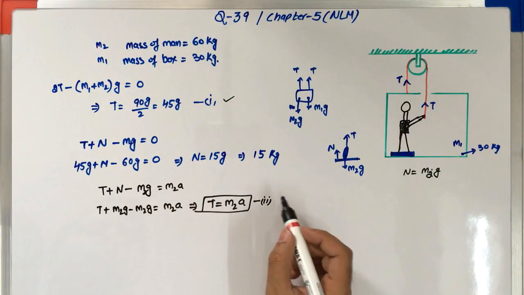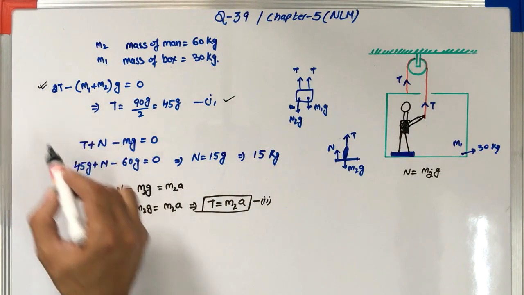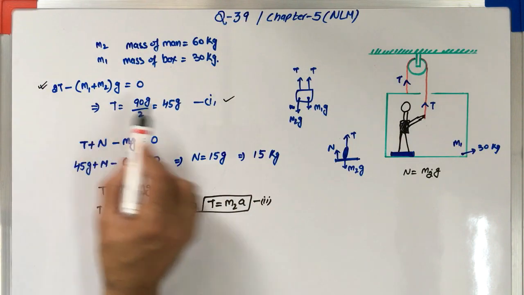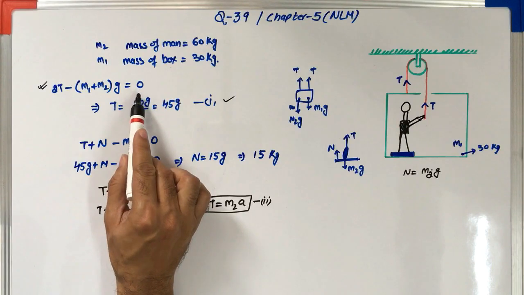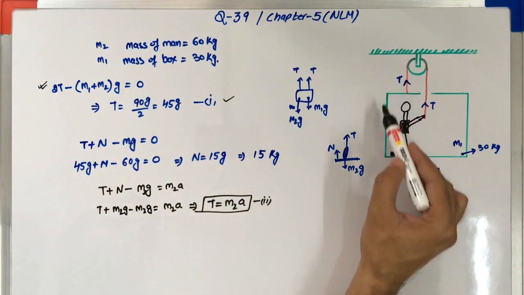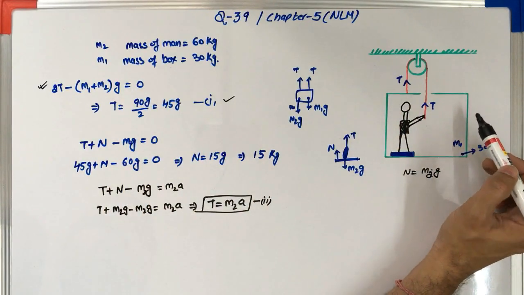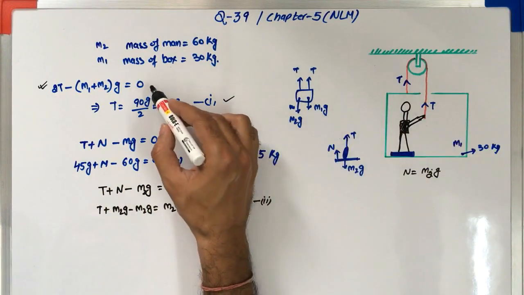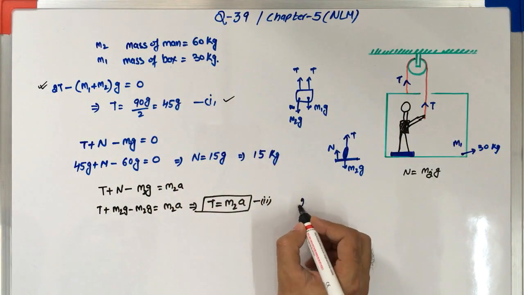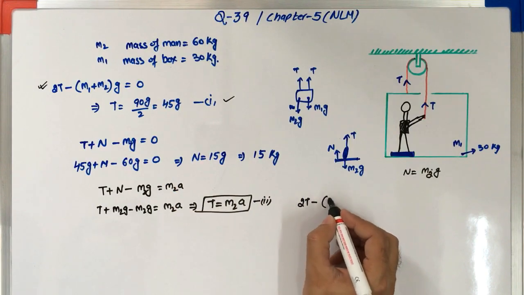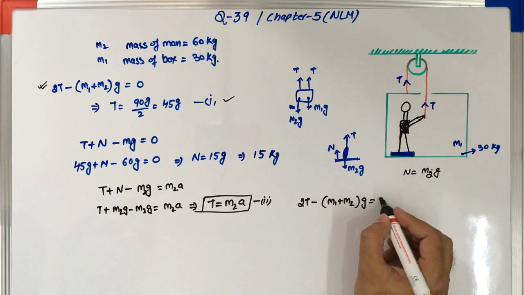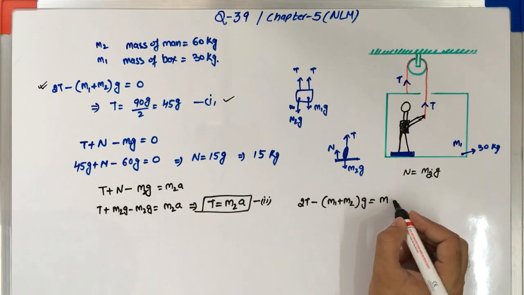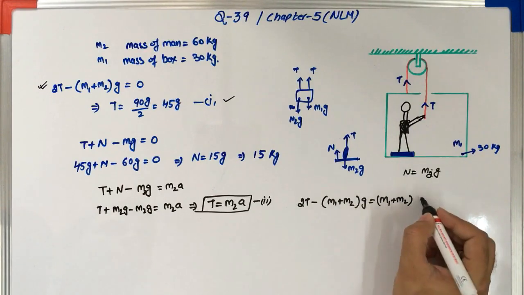In the initial problem the system was at rest and the acceleration was 0. Now the system will move in the upward direction with an acceleration a. Using the first equation, we can write 2T minus (m1 plus m2) times g is equal to (m1 plus m2) times a.